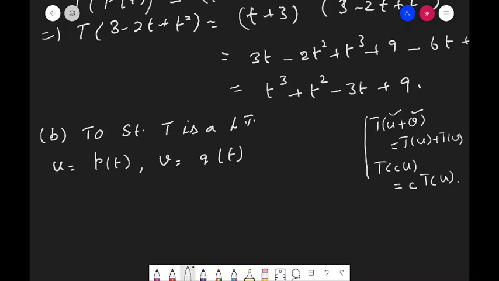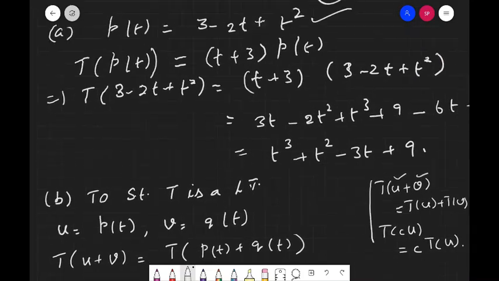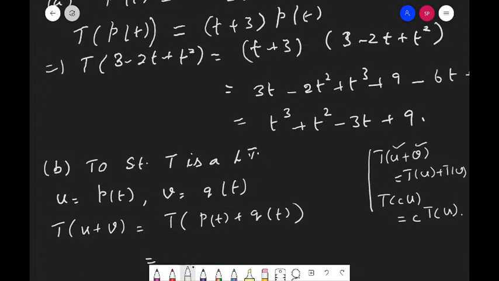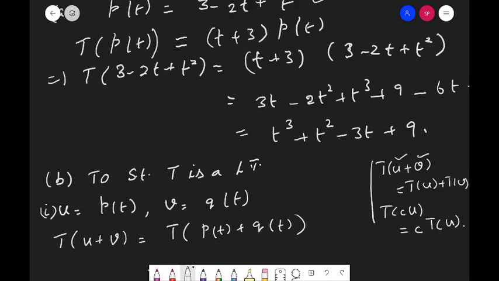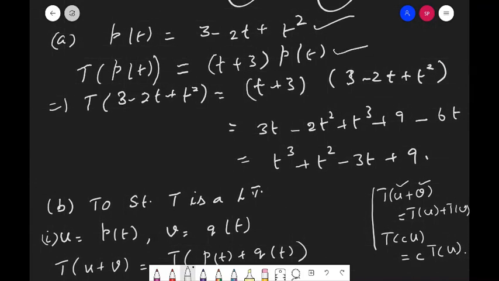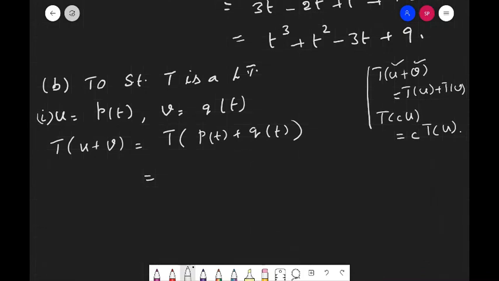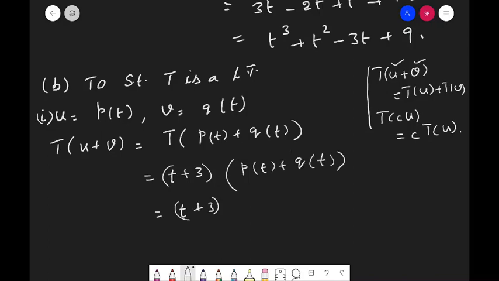So if I take this, then T of u plus v means T of p of t plus q of t. Now what is it by definition? I am proving the first one. T of p of t is equal to t plus 3 into p of t. So this will be equal to t plus 3 into p of t plus q of t. When polynomials are given, you can multiply this out.